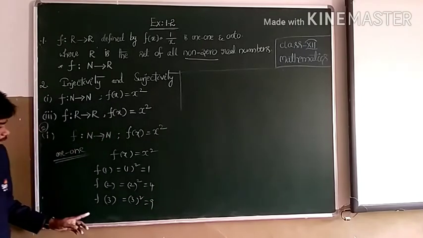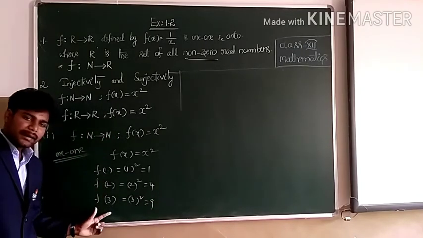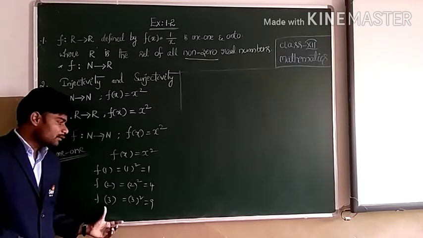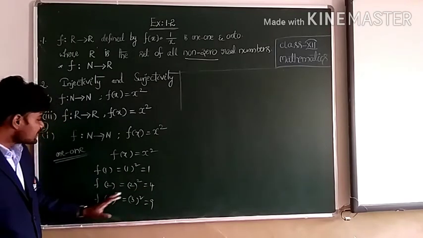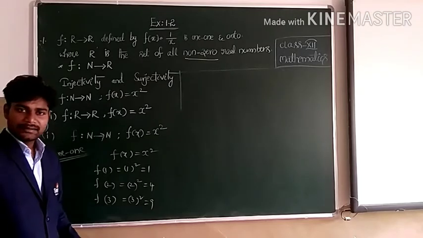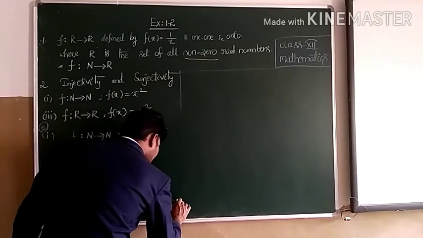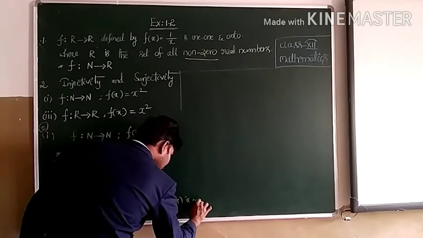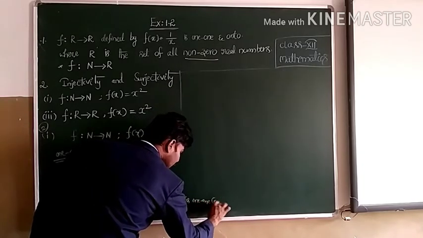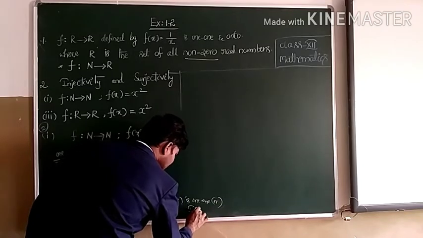Like that, if we take any natural number as x value, we will get different images, right? So this satisfies the one-one condition. So that's why we can say that f of x is a one-one or injective function.